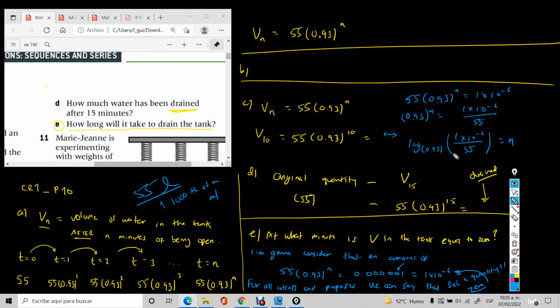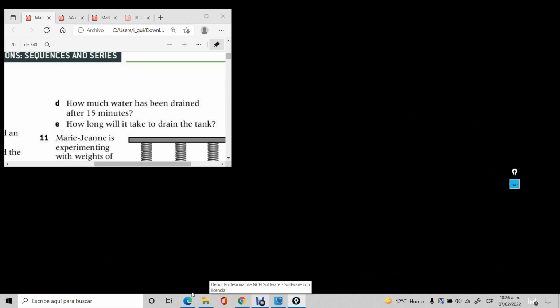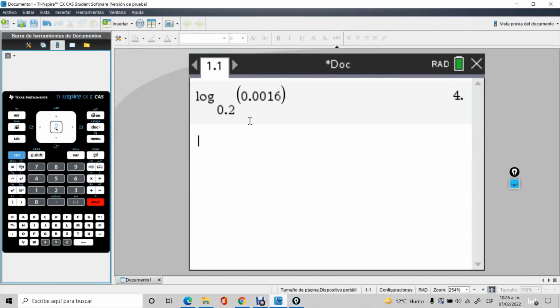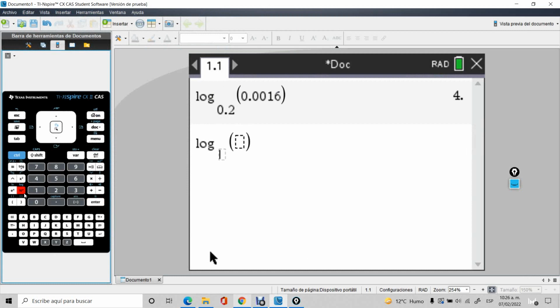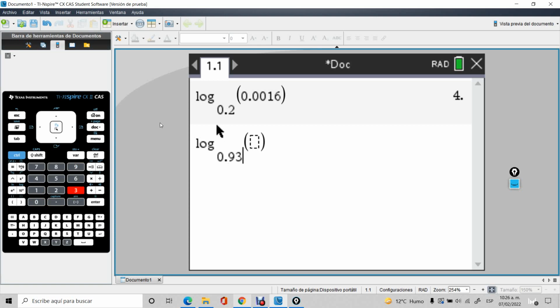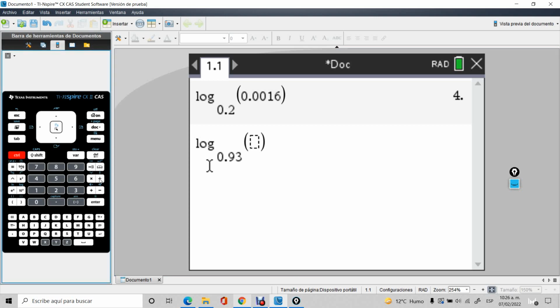let's actually use the TI to compute this number and see how many minutes n will be. Let's go to the structure for logarithm. It's right here: logarithm base blank of blank. And we have a fraction in here, so let's go to the structure of fraction.